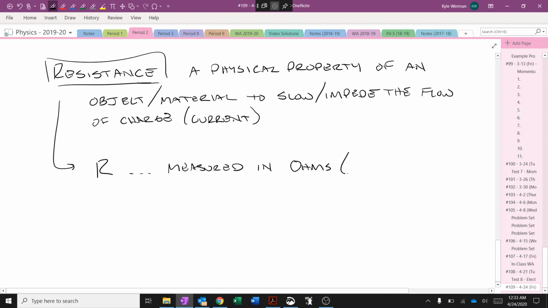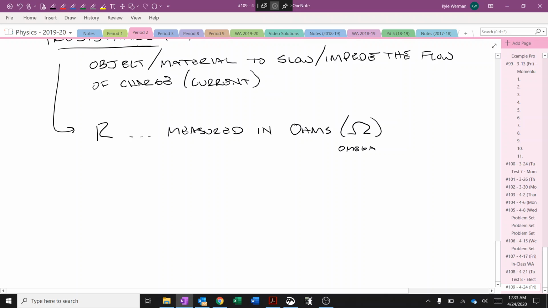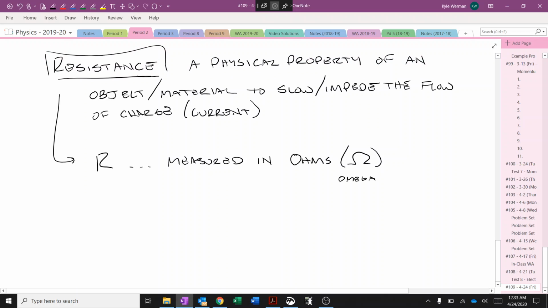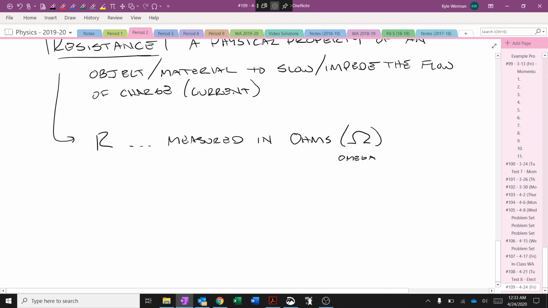And the letter we use for the unit is a Greek letter omega. Looks like a horseshoe. And so the Greek letter omega. Again, continue with the trend of weird letters relating to some of these topics, right? So instead of R being the unit for resistance, R is what we describe resistance, but the unit itself is called an ohm, and we use this omega symbol.